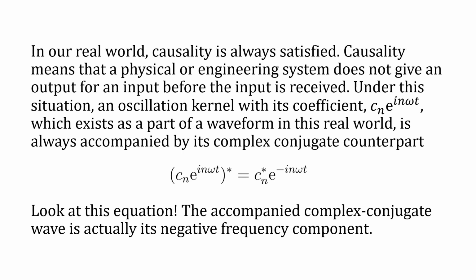The complex conjugate of Cn multiplied by e to the i n omega t is equal to the complex conjugate of Cn multiplied by e to the negative i n omega t. Look at this equation. The accompanied complex conjugate wave is actually its negative frequency component.